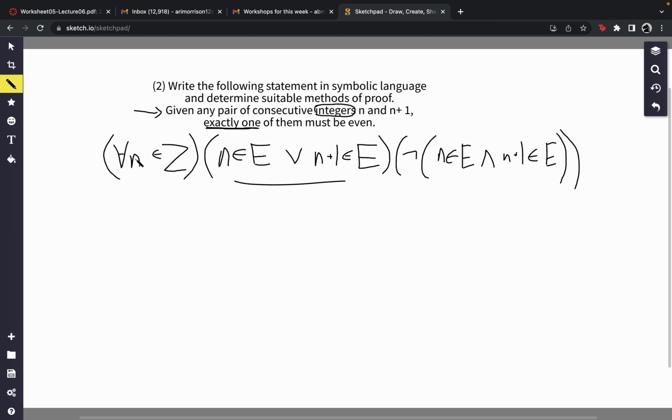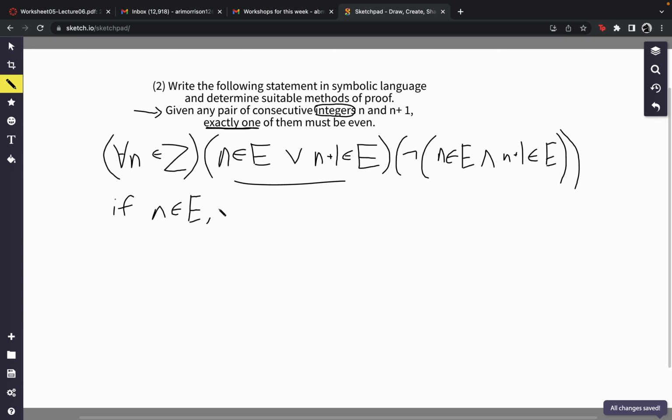We know that n is an integer. Now, all integers are either even or odd. So let's just look at the case where n is even. If n is even, that means, another way of saying an even number, and this is very important, and I talked about this in the last video, so if you didn't get a chance to watch that, I highly recommend it.